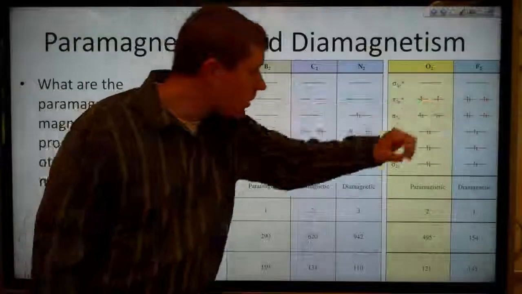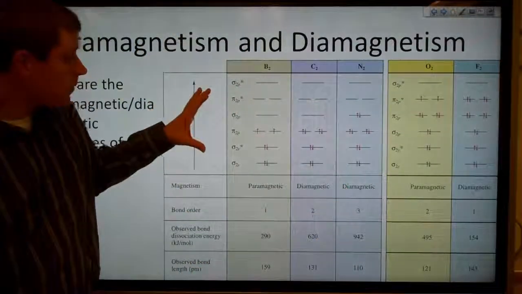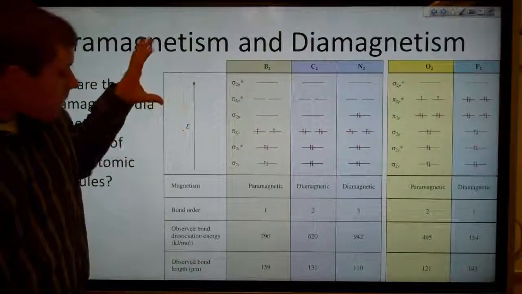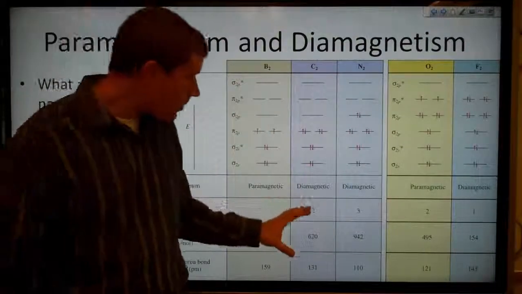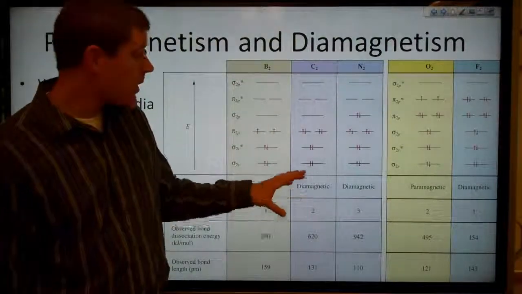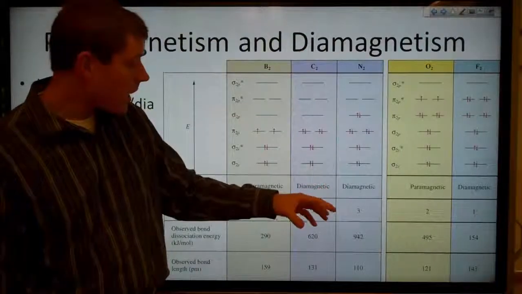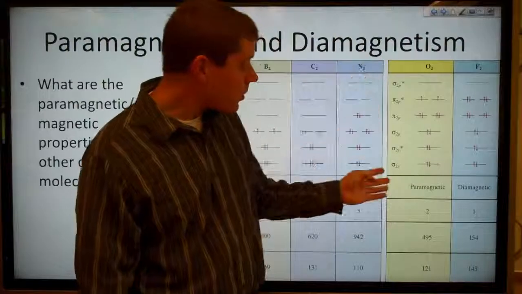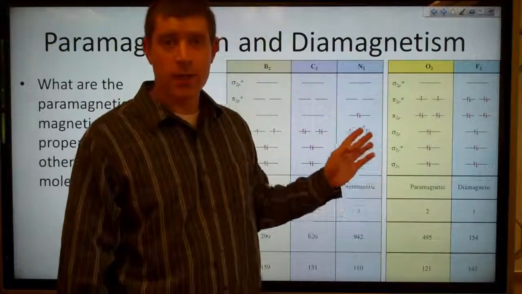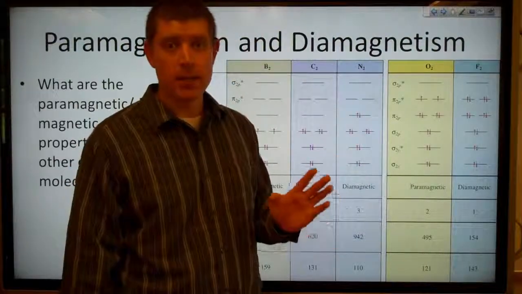With oxygen and fluorine, we don't. So what that means is that diboron is paramagnetic, dicarbon would be diamagnetic, dinitrogen would be diamagnetic. But when we get to oxygen, oxygen would be paramagnetic. Yes, oxygen gas is in fact paramagnetic.